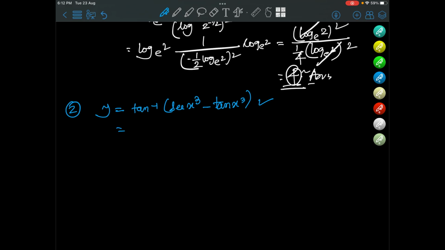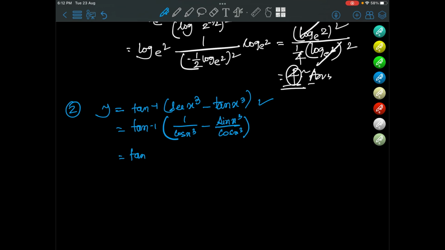What are we going to do? We have to use some trigonometric tricks. We can write sec x cube as 1 by cos x cube and tan x cube as sin x cube divided by cos x cube.